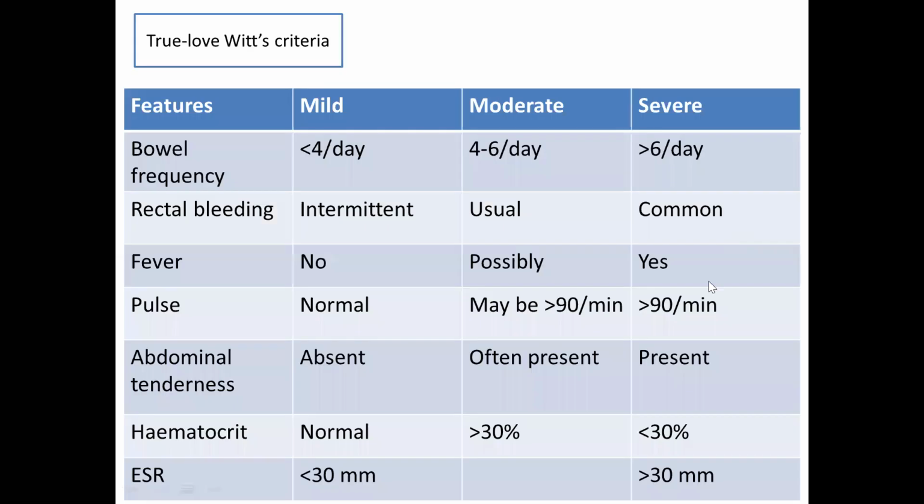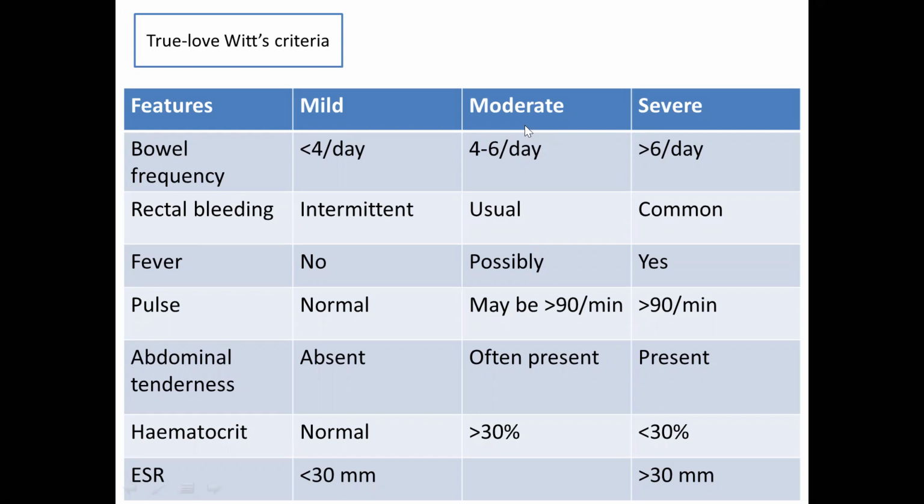Then again, the disease can be categorized into mild, moderate, and severe according to Truelove and Witts' criteria. So we will see what Truelove and Witts' criteria is. This criteria is usually used to categorize the disease as mild, moderate, or severe. First, we saw the classification according to the activity of disease. Second was according to the extent of disease, or the site of involvement.